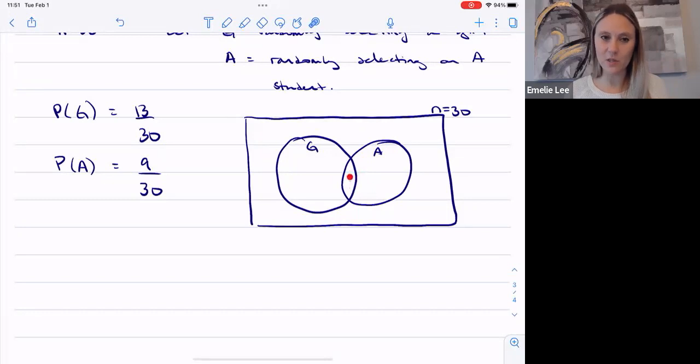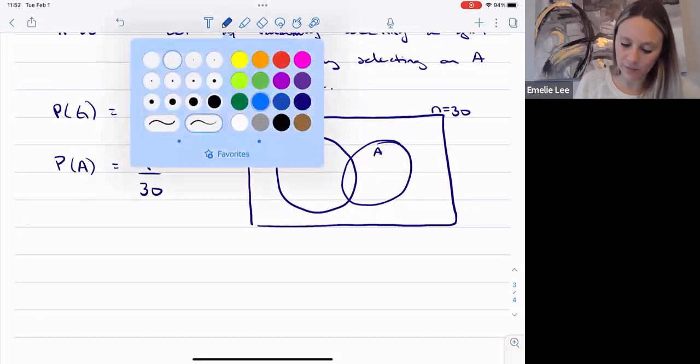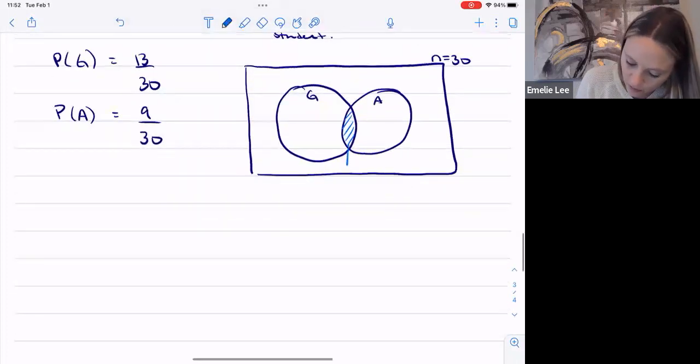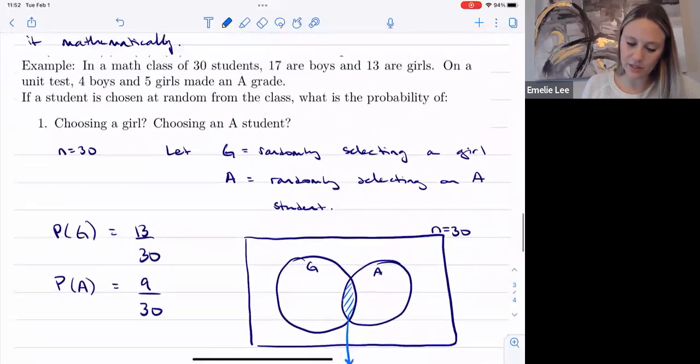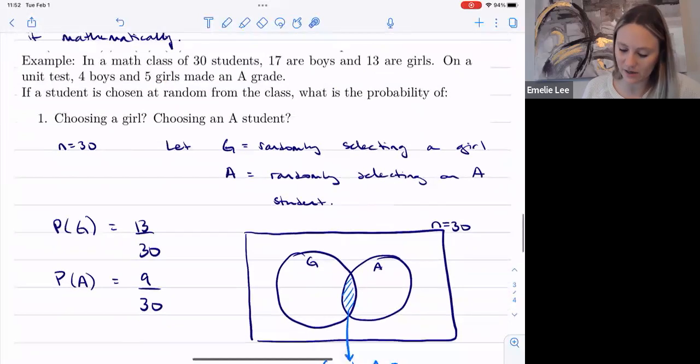And here, this overlap is where I have G and A. These are all the girls that also got A's. Okay. So from the question, I see that this overlap of G and A has a count of what? There were 5 girls that also got an A.